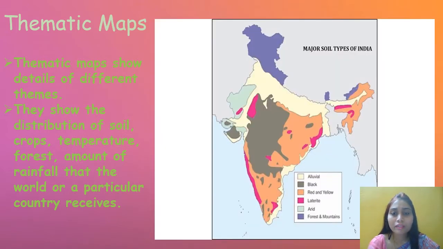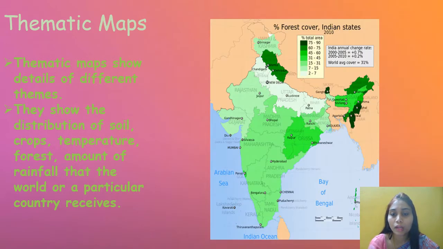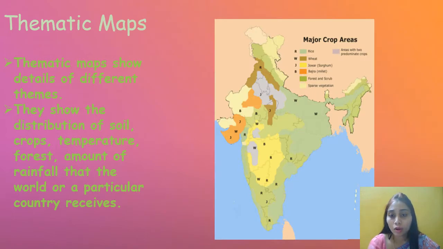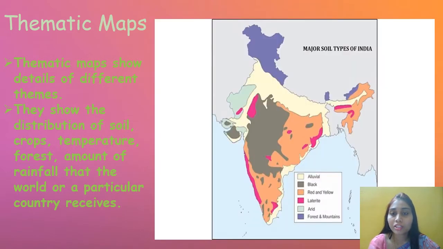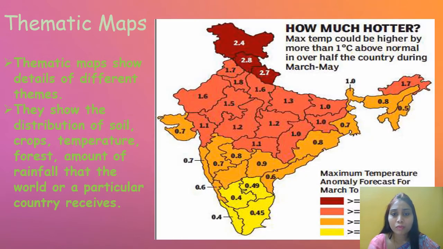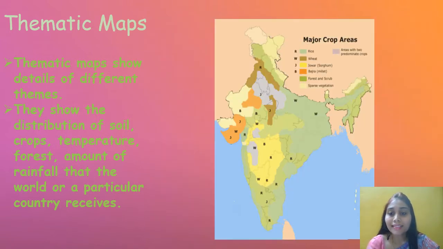So such kind of maps which show only one particular theme, like either the soil type or the crops that grow in an area, or what is the temperature, how much is the forest area in a particular place. All such kind of maps which only deal with one theme are called thematic maps.